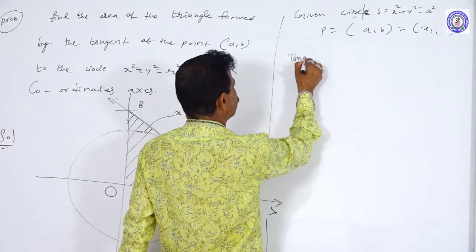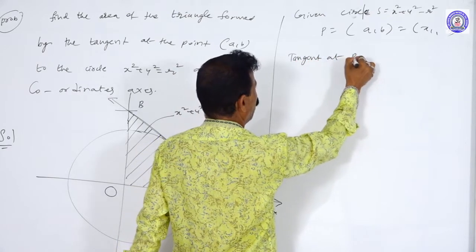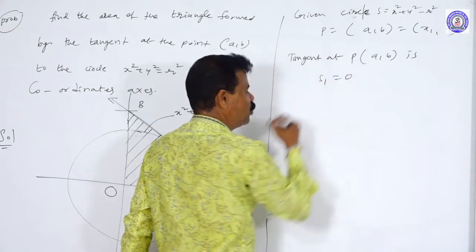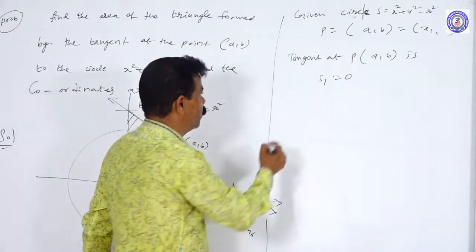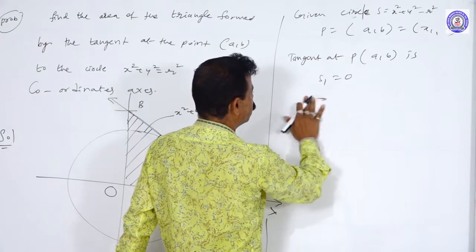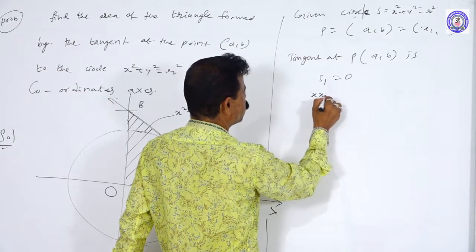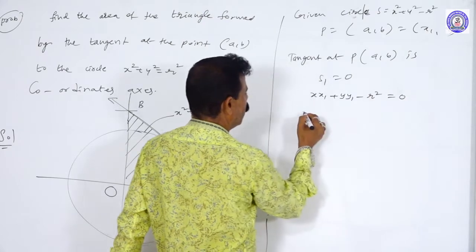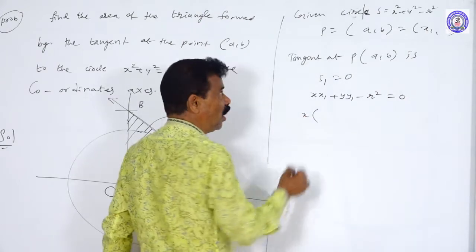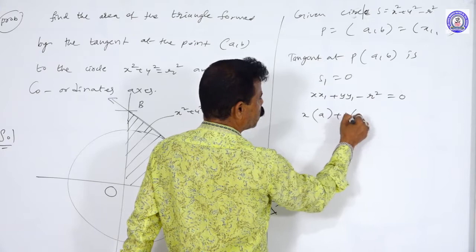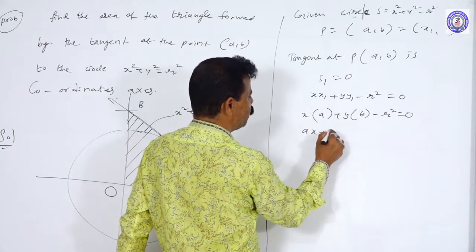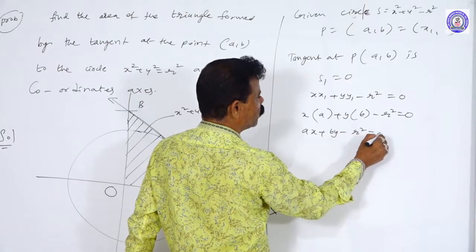So the tangent at point P, A comma B, is S1 is equal to 0. So S1 is x x1 plus y y1 minus r square is equal to 0. x into A plus y into B minus r square is equal to 0. So it is ax plus by minus r square is equal to 0.